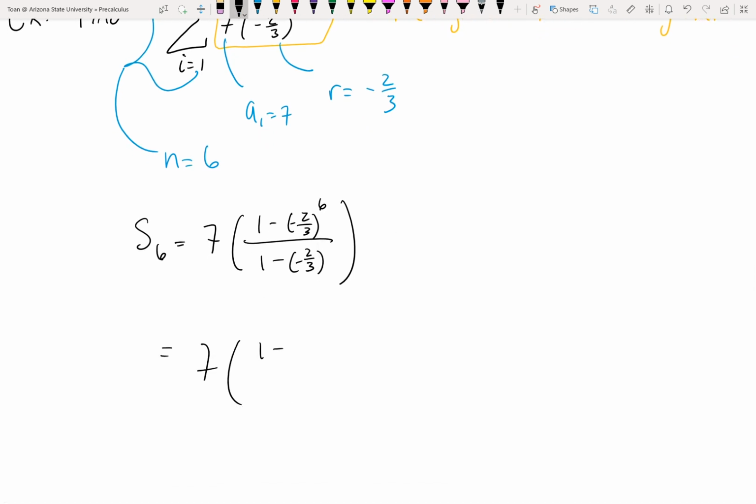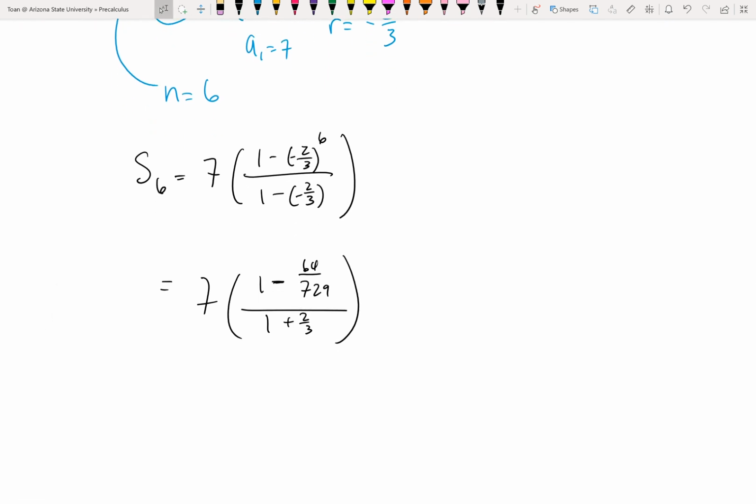So 1 minus negative 2/3 raised to the 6th power is a positive 64/729, but we still have this minus here, over 1 plus 2/3. So if you do the arithmetic, do the fractions, and so on and so forth, you're going to get 931 over 243.